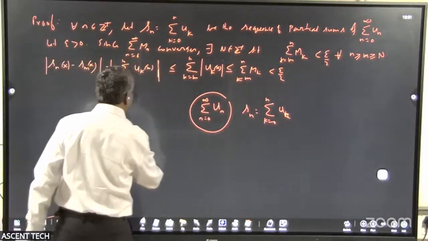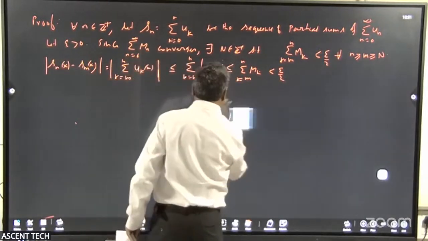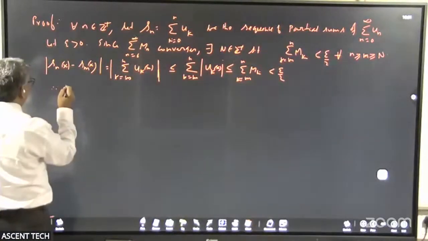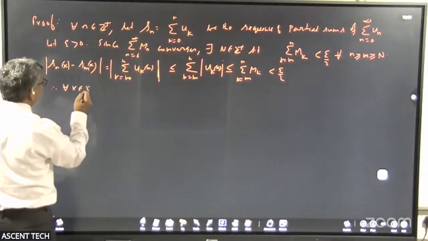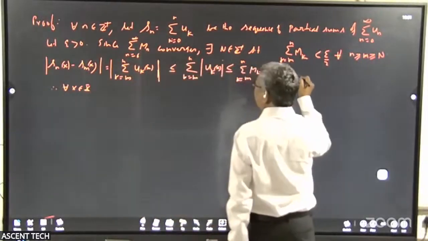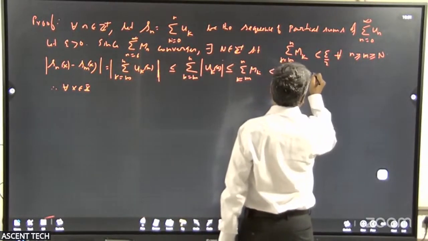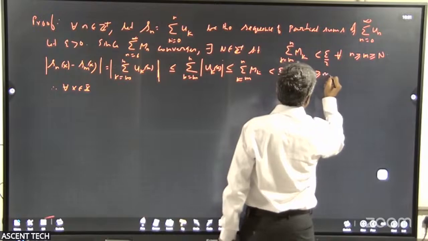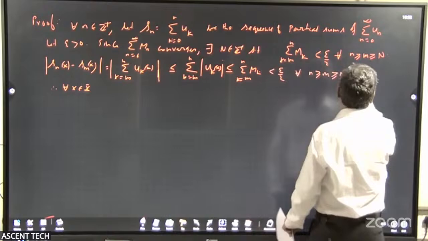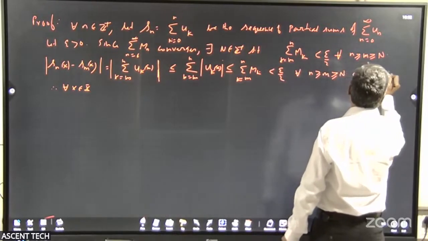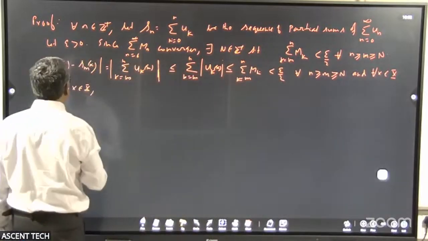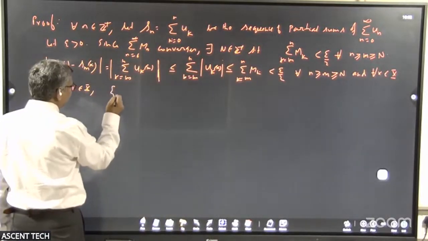Therefore, you see that this is a Cauchy sequence. Therefore, this holds for all n greater than or equal to m greater than or equal to N, and for all x in X. So for each x in X, the sequence Sn(x) is Cauchy.